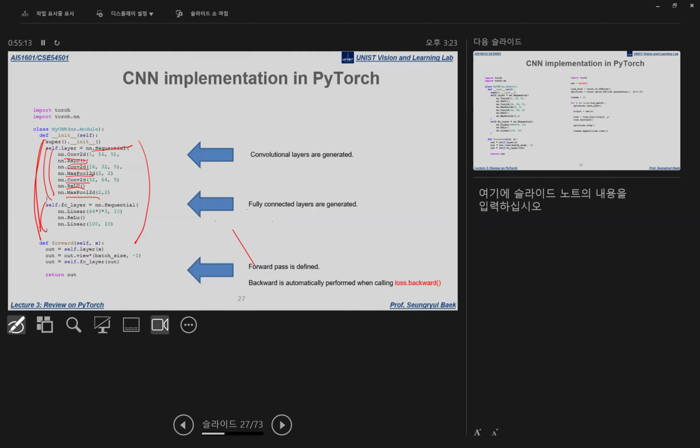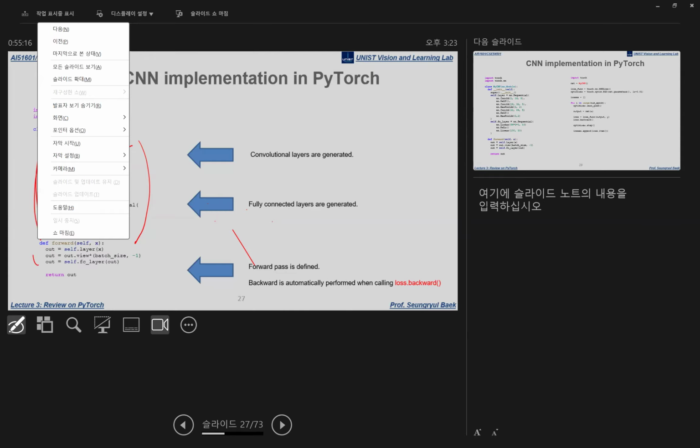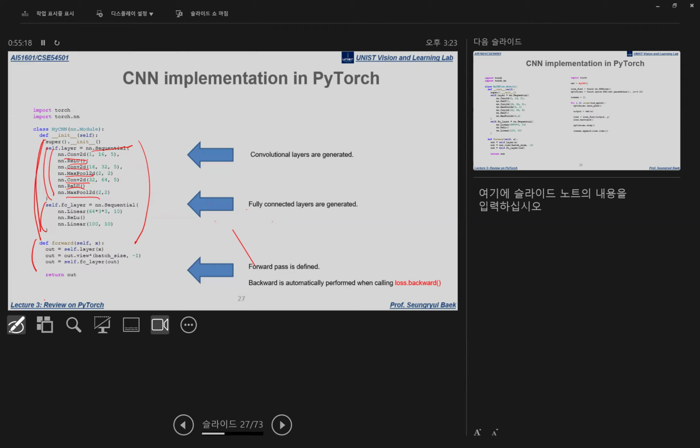Okay? And this is defining the forward function. They are defining how to feed forward from the input to calculate the final output. So this is the image X, and you first input it to the self.layer you defined here.